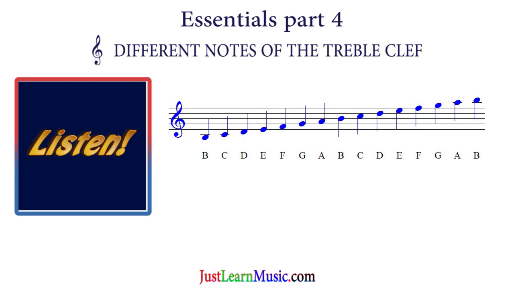Thus, the notes that you would encounter would be B, which is the extreme left, and then they go like this: B, C, which is middle C, D, E, F, G, A, B, C, D, E, F, G, A, and B. Notice how the note heads continuously rise, and so you have a different alphabet.